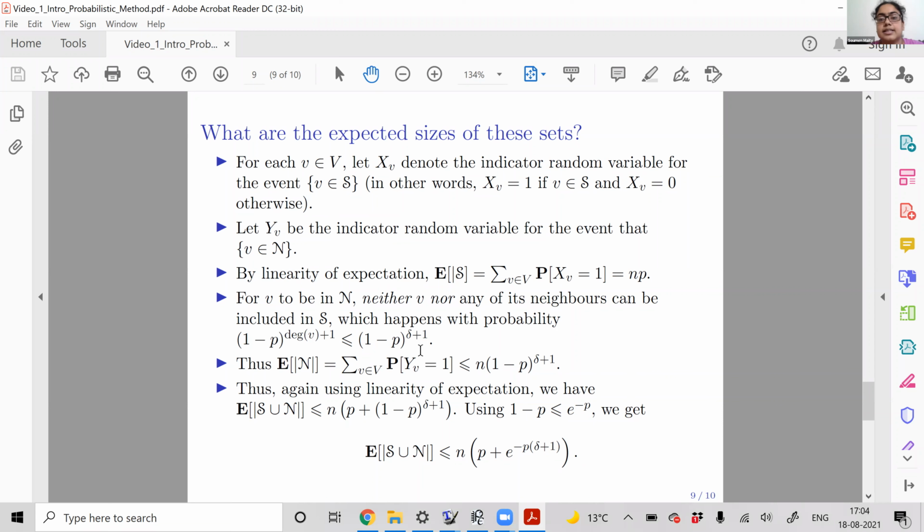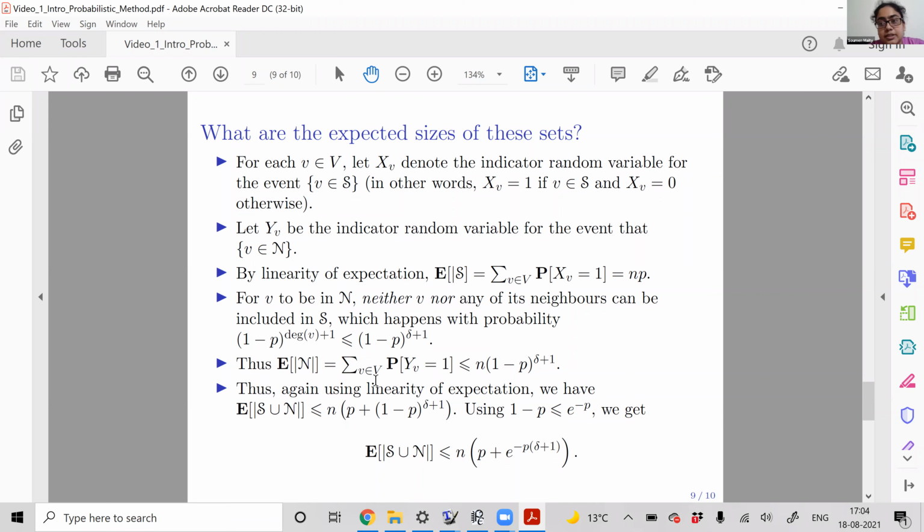So this tells us that we probably cannot get the exact expectation of the size of script N, but we can get an upper bound. Once again, we are using linearity of expectation here. This is super crucial. If we did not have linearity of expectation, and it mattered what the joint distribution is when we find the expectation of a sum of several random variables, then this computation would be far more complex and probably not doable.